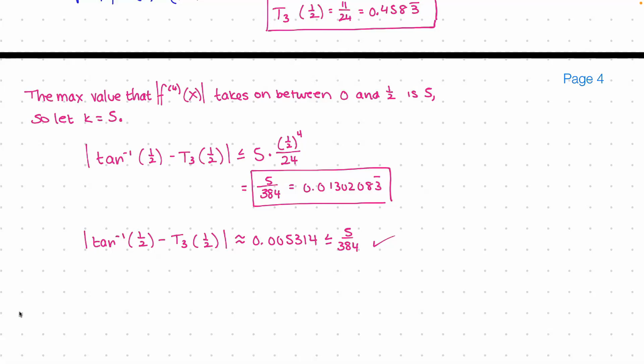Oh, it should include the absolute value. Yes, absolute value. K should be the maximum value that the absolute value of the n plus 1th derivative takes. Any other questions?